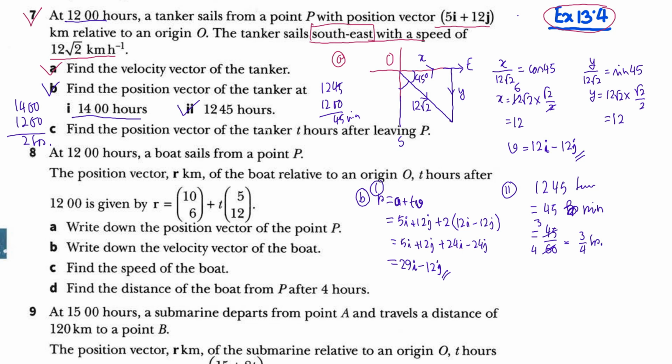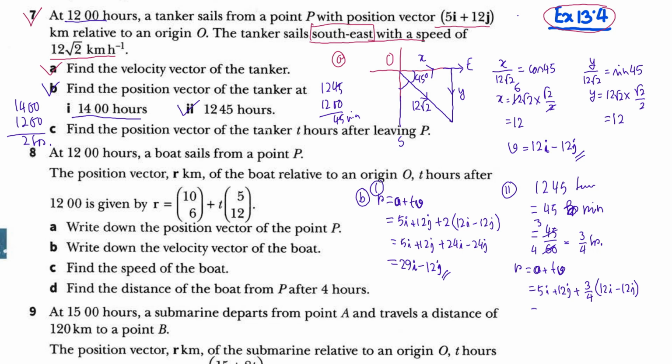Then same equation you can apply to that question. r equals a plus t into v. a is the initial position and v stands for the velocity vector. Initial position, it is given here 5i plus 12j, and plus time is 3 by 4 hour, and its velocity vector we got 12i minus 12j.